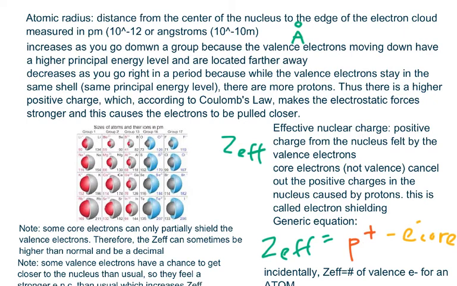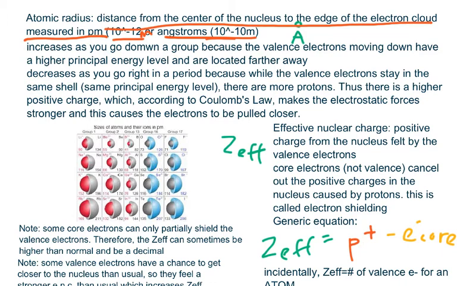The atomic radius is the distance from the center of the nucleus to the edge of the electron cloud. It is usually measured in picometers, or 10 to the negative 12 meters, and it is also measured in angstroms, which is 10 to the negative 10 meters.